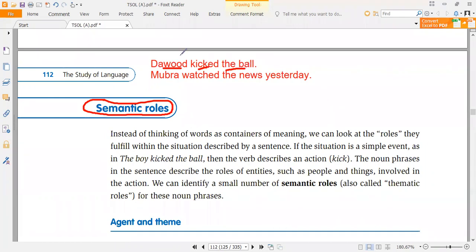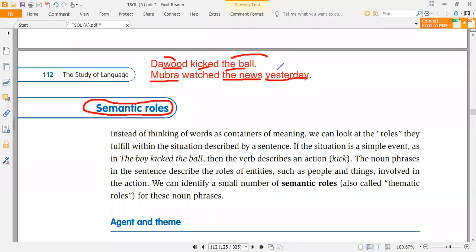But if you see in this example, Daud is the doer, the performer of an action, and the ball is something which is acted upon, right? In the same way, Mabra here is the doer of the action, while news is something which is involved in this action. And we have got yesterday, which also shows some time, right?